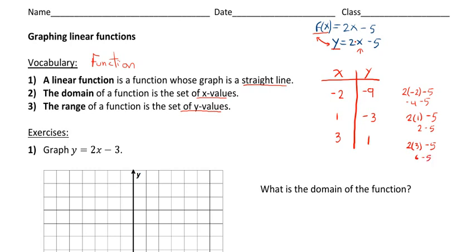So we have some values for the function, and one of the ways to graph is by graphing these points on the coordinate plane, let's say on a coordinate plane similar to the one that we have over here, and then we connect the points with the straight line.